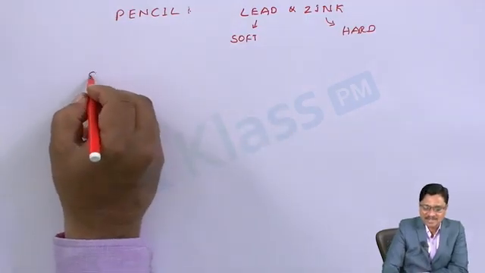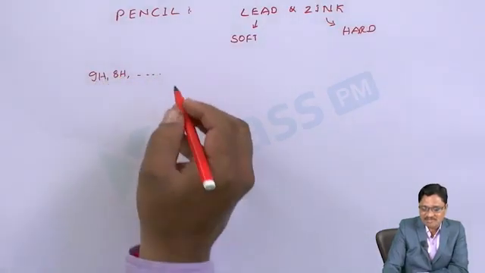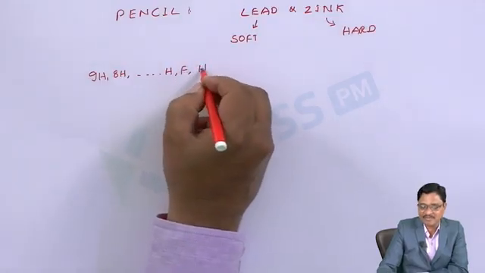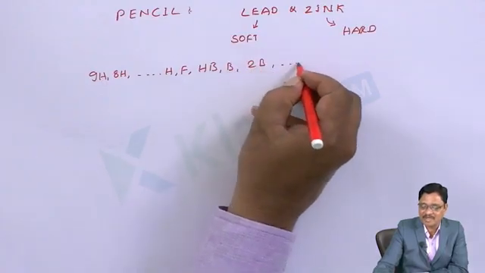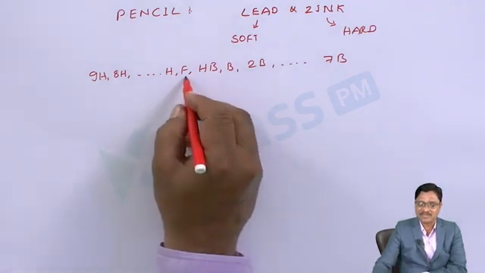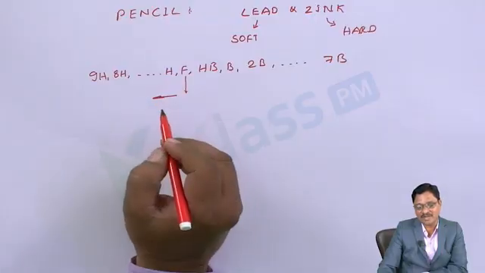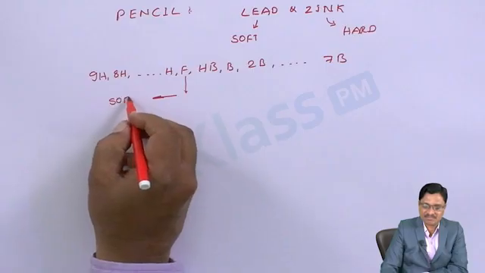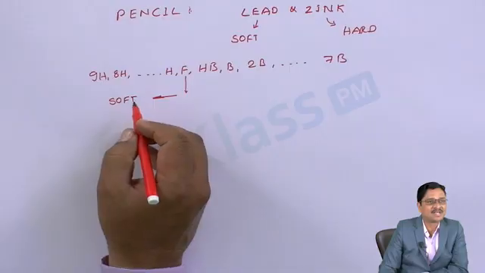It starts from 9H, 8H, and so on until H, then there is a neutral one, F, after that HB, thereafter B, 2B, and so on, continuing up to 7B. F is the neutral proportion. Moving to the left from here, there is an increase in hardness, and moving to the right, softness increases.